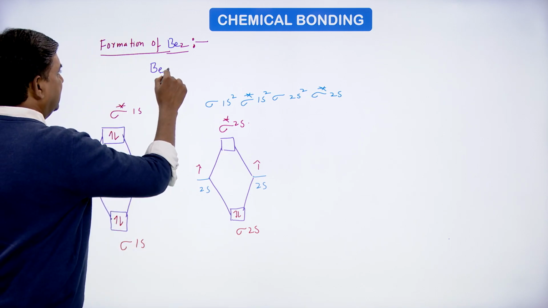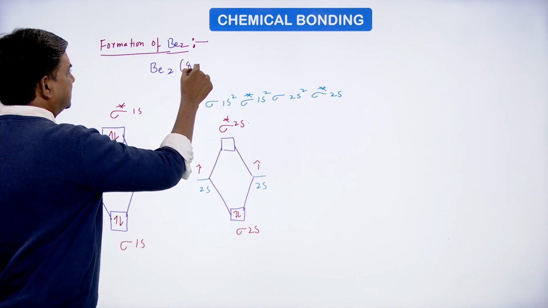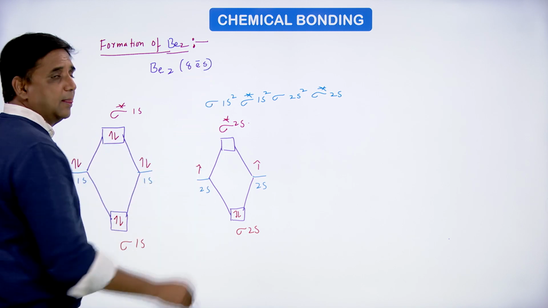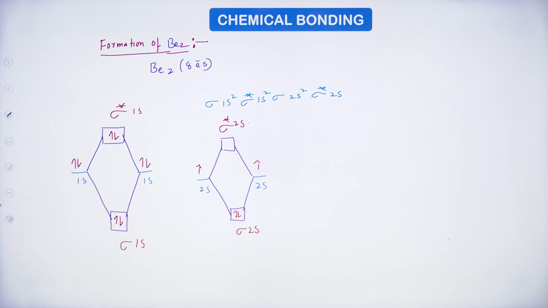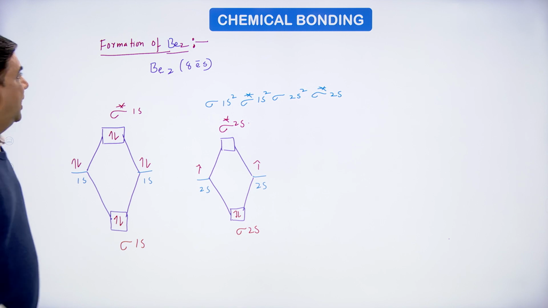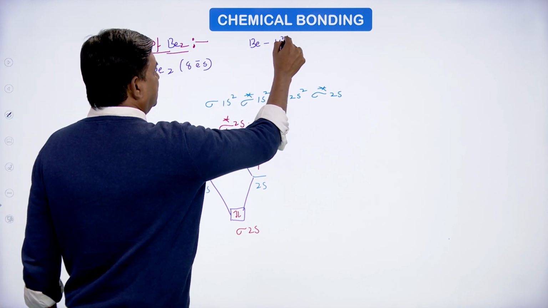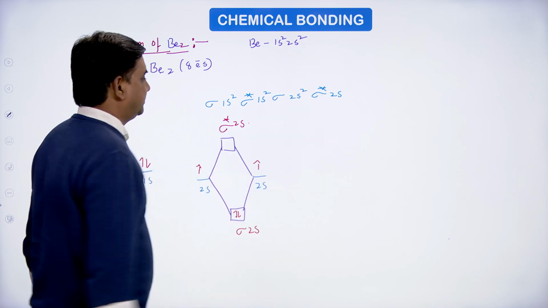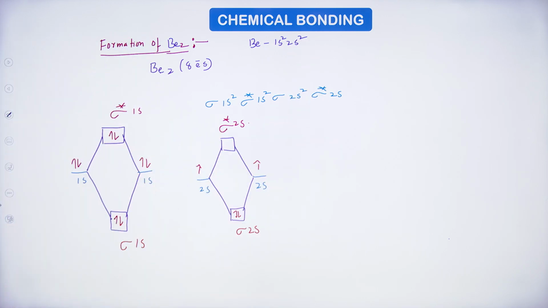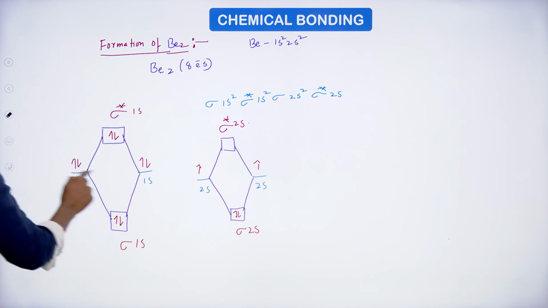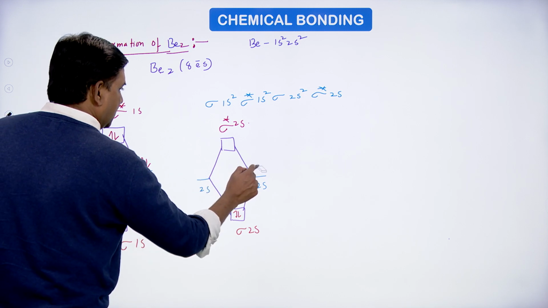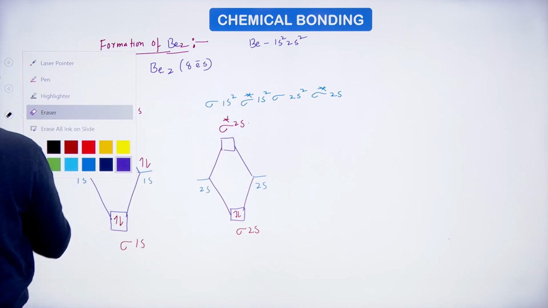Be2 means it contains 8 electrons. The beryllium configuration is 1s2, 2s2. So there are 2 electrons in the 2s orbital of beryllium.